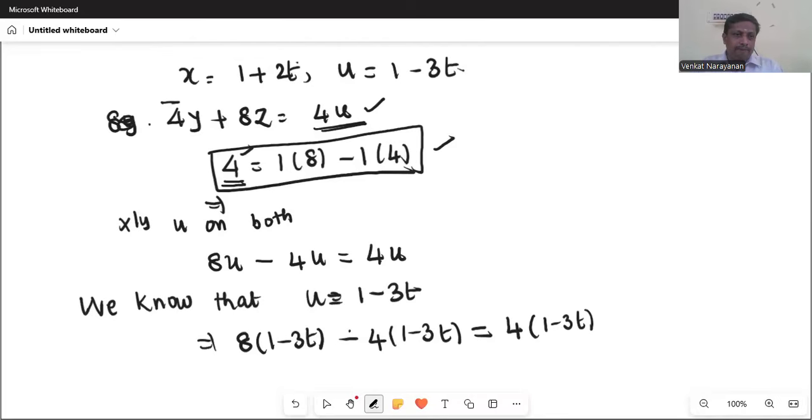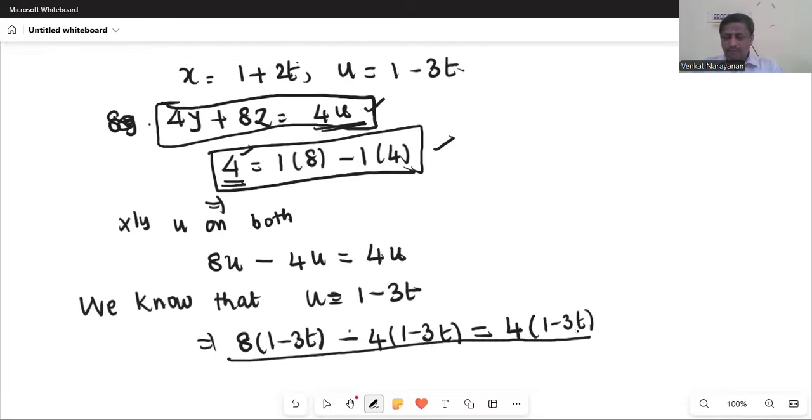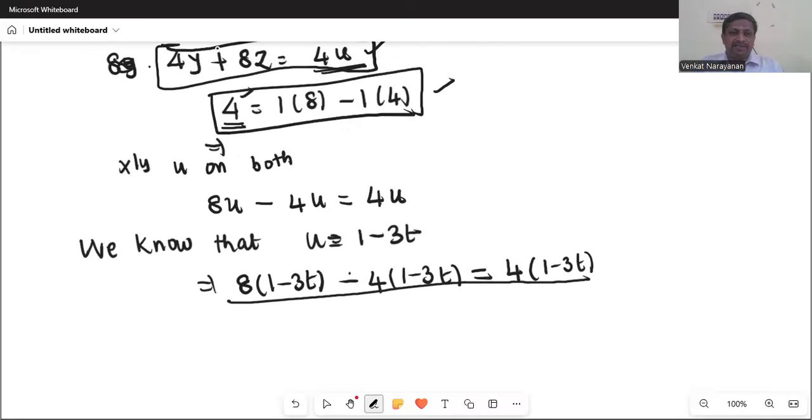Now, compare this equation and this equation. We can get the initial solution. In the place of y, we get minus of 1 minus 3t. Otherwise, we can write 8z plus 4y equal to 4u.